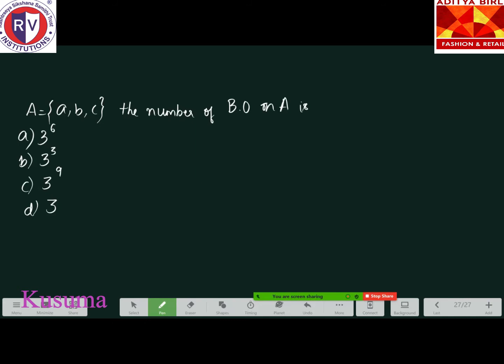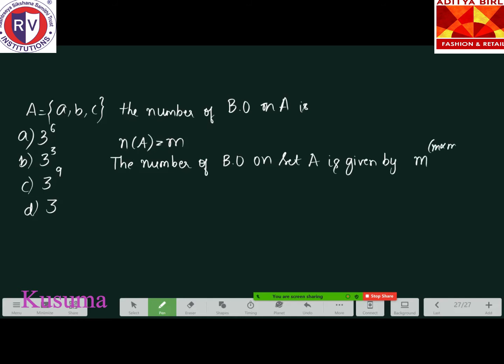Okay. So see here, whenever n of A is m, say A has m elements, then the number of binary operations defined on set A is given by m to the power of m into m.